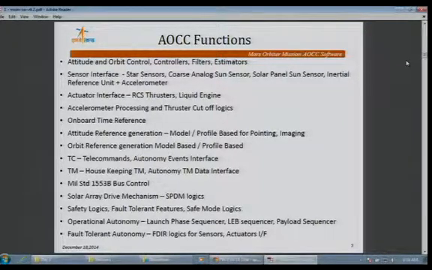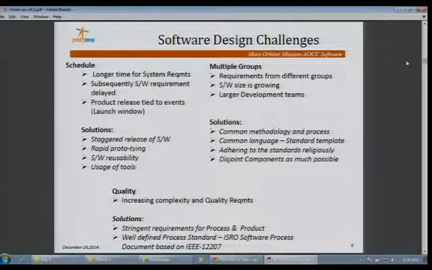Like any other software design, there are a lot of challenges faced by software development. The major one is the schedule constraints. The problems are due to system requirement generation, which takes longer, and subsequently the software requirement gets delayed, and a lot of pressure comes on the software development.